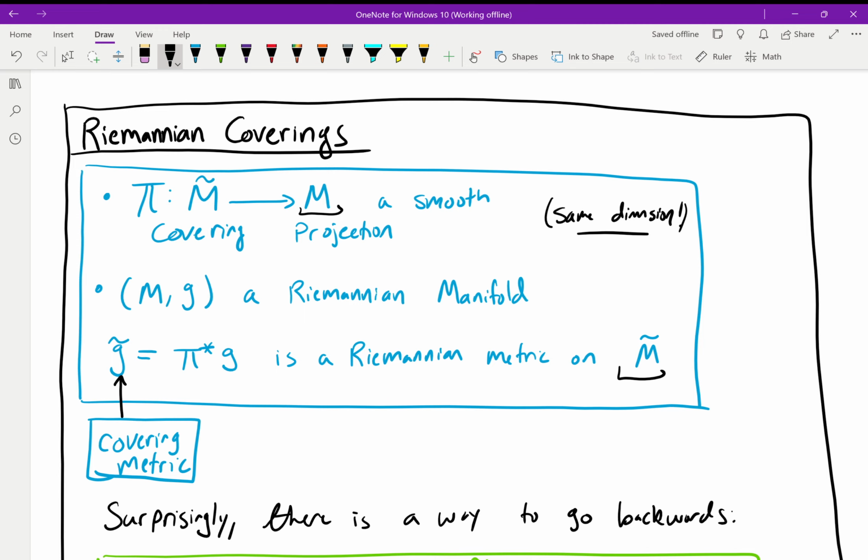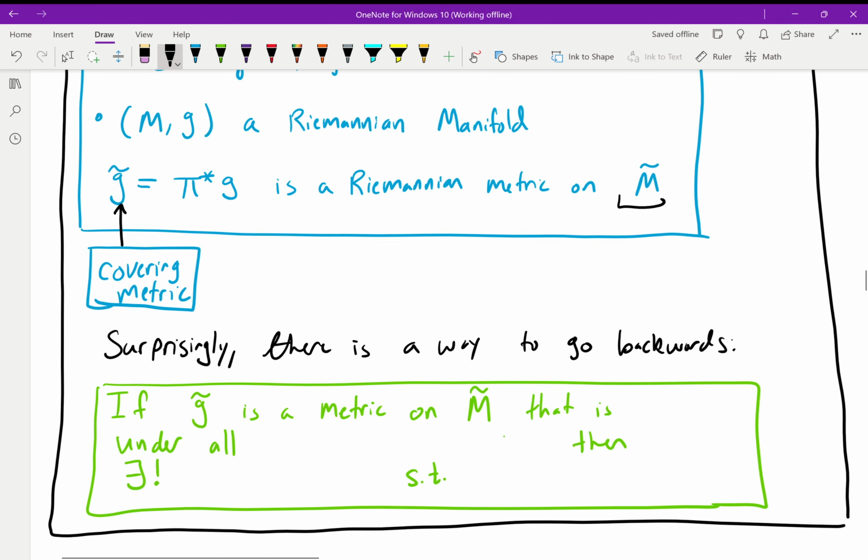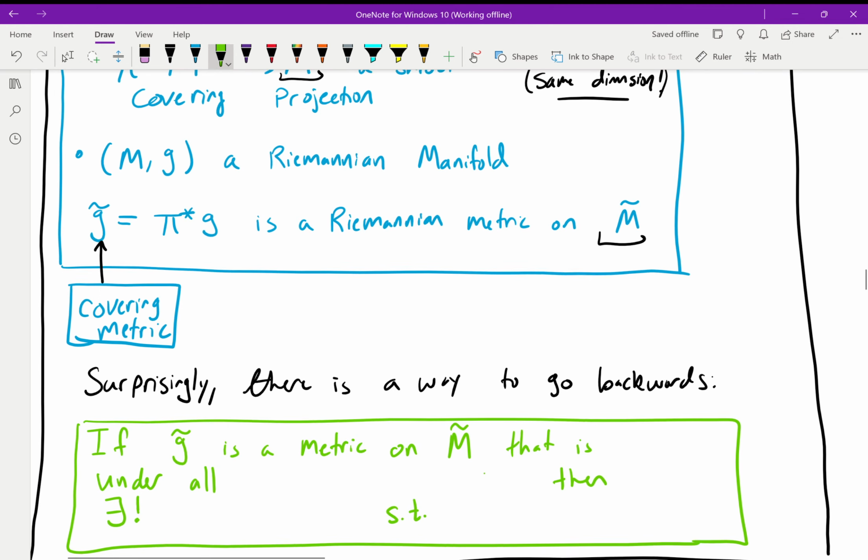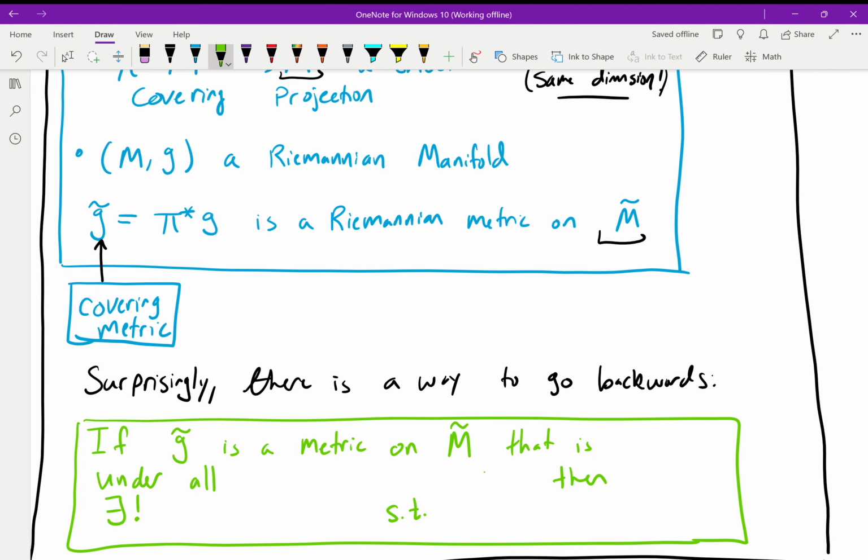And as it turns out, there is actually a way to go backwards with this, because we have ways to get the metric from down here to the one upstairs. And there's a sense in which you can do that, but you require some more conditions. So let's say you have a metric G tilde on the upstairs that is invariant under all deck transformations.